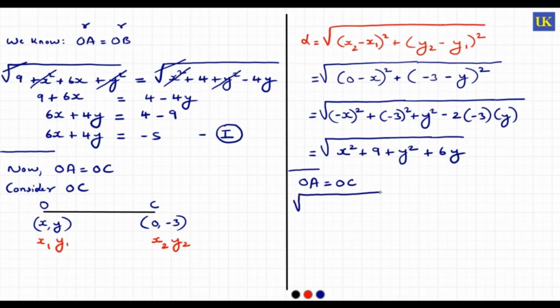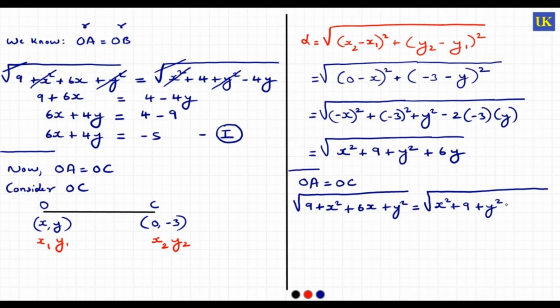So OA was how much? 9 plus x square plus 6x plus y square is equal to OC, which is x square plus 9 plus y square plus 6y.